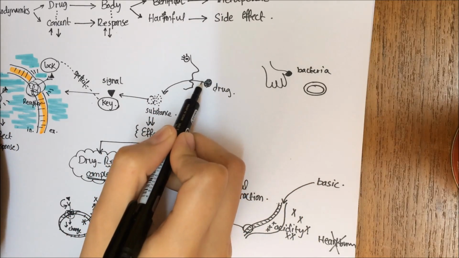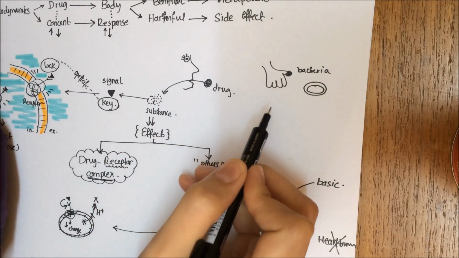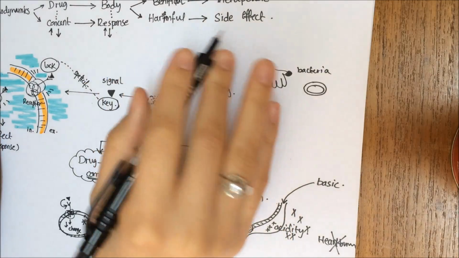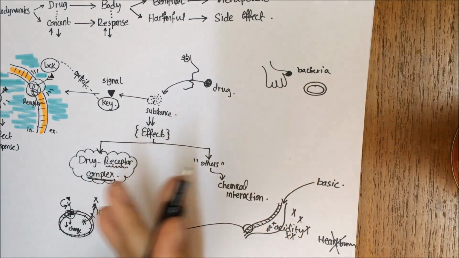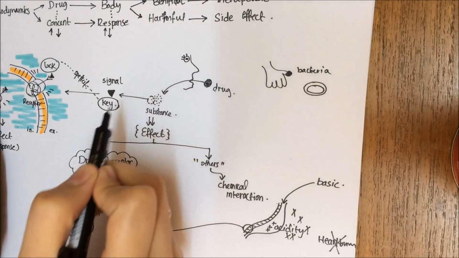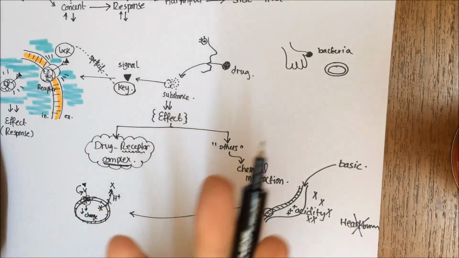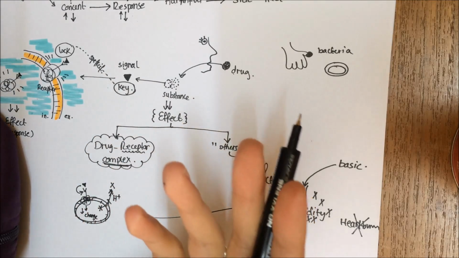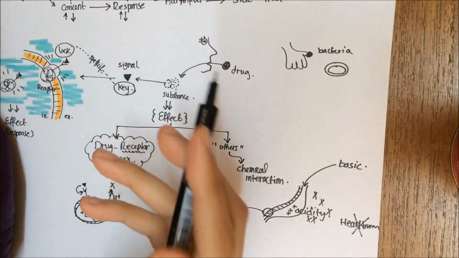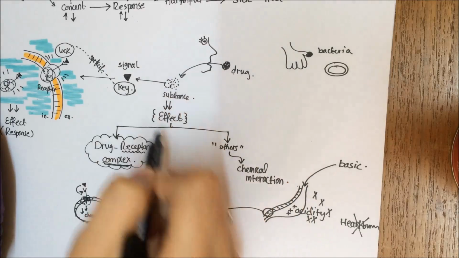How does this drug know that it should go to this specific site? Actually, it does not. But what happens is that this drug that you have taken, and after all the pharmacokinetics, the absorption, the metabolism, the distribution, it is circulating inside the body.